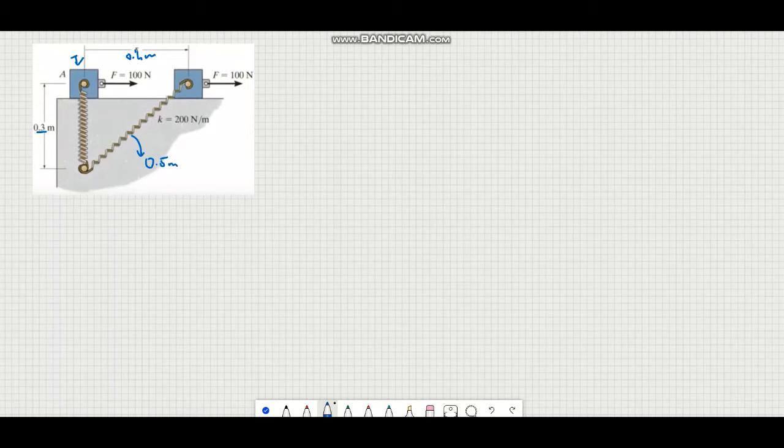By common knowledge. Then we need to see how much the spring is stretched, because in its natural state the spring is 0.3 meter, but on the right side, when it's stretched, it is 0.5. So it's 0.5 minus 0.3, and the spring is stretched by 0.2 meter. We know the stiffness constant is 200 Newton per meter.